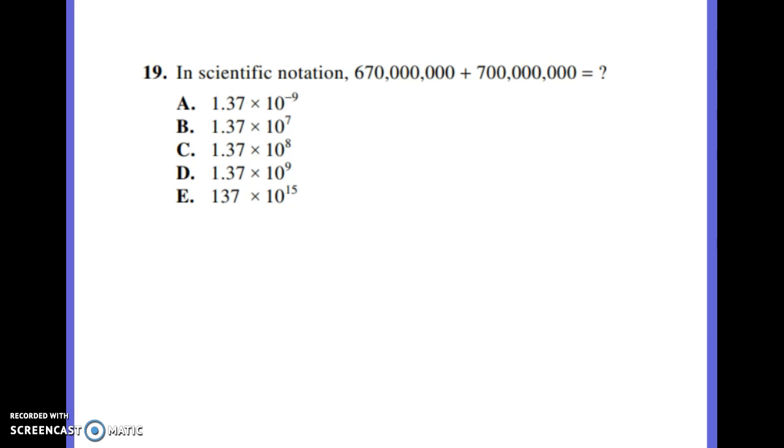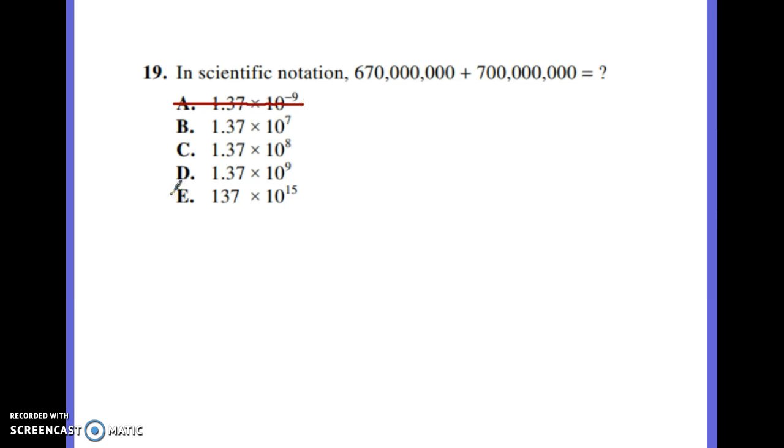Number 19, you have a computation to complete, but your answer must be in the form of scientific notation. Now, as you get started, there are answer choices you can go ahead and eliminate. These are really large numbers. So you can eliminate A as an answer choice because of that exponent. It's negative, and that indicates a really, really small number.